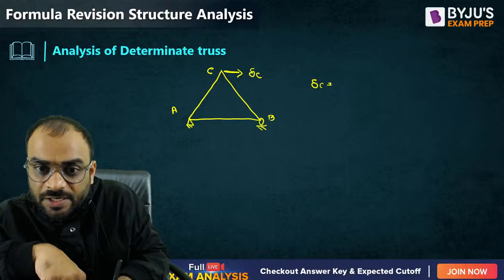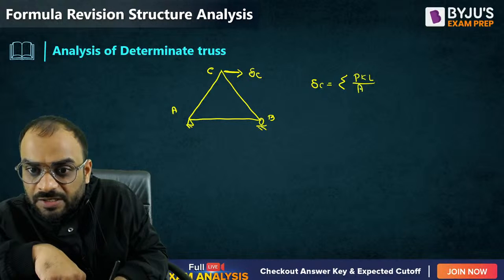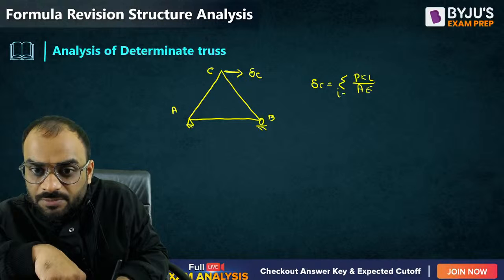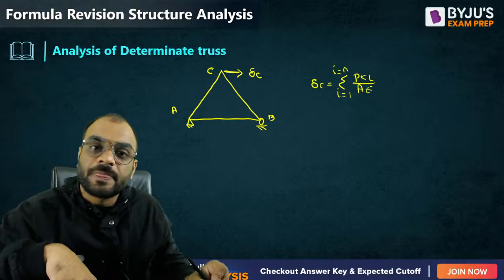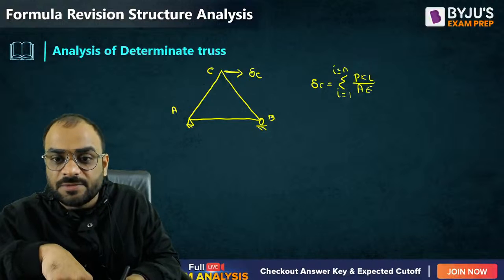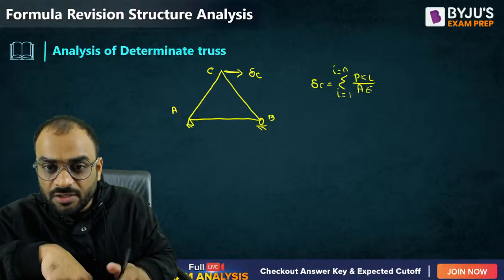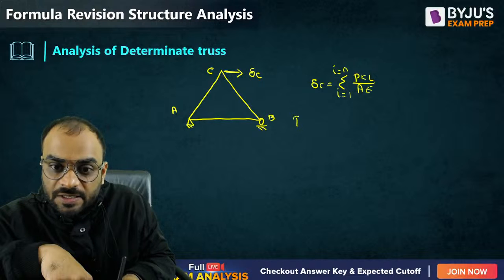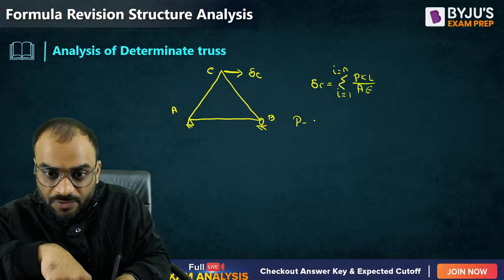Delta C can be written as summation PkL upon AE, and the summation will be from i = 1 to i = n. What is P? P is basically our P system of force due to the given load, right? So P is the forces in all the members due to the given loading system, right?